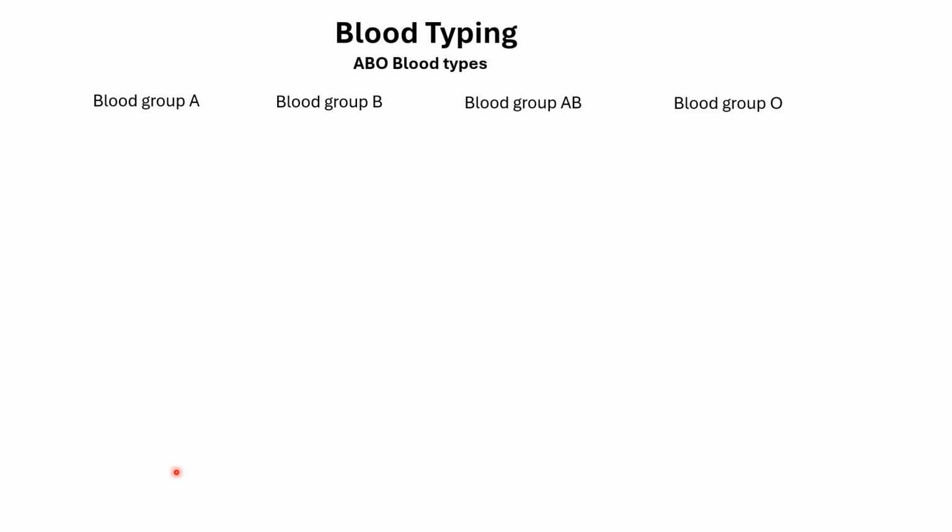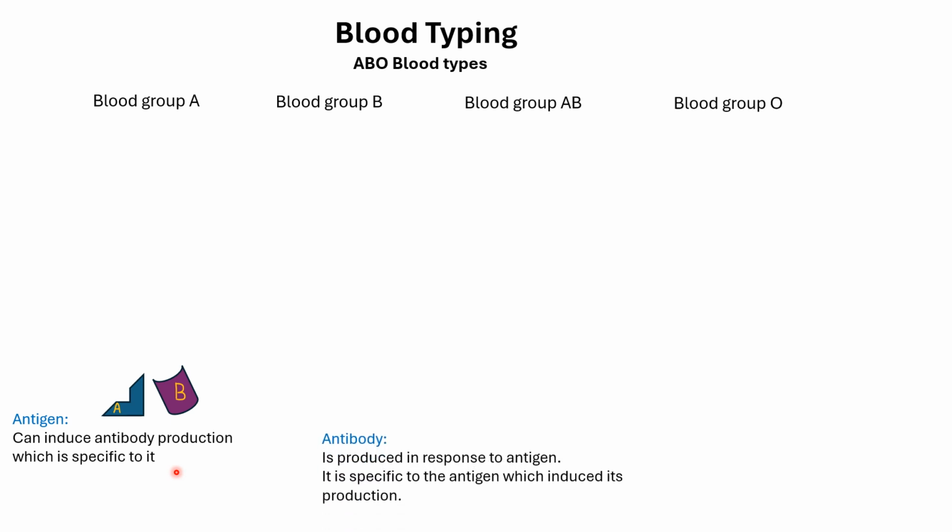What is an antigen? An antigen is a substance which has the ability to induce production of antibody. So in this blood type, the antigens which are present on the surface of the red blood cell can either be antigen A or antigen B. And these antigen A and antigen B have the ability to produce antibody A and antibody B. So these antibodies are specific for their antigens.